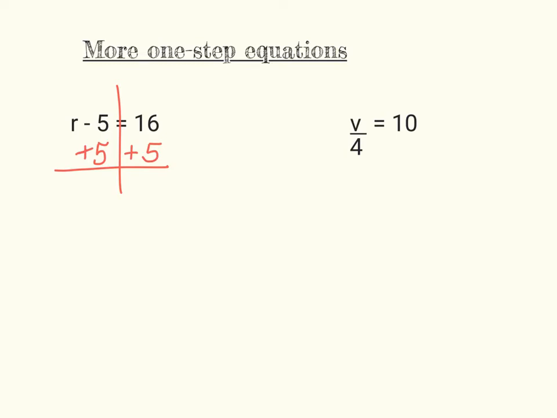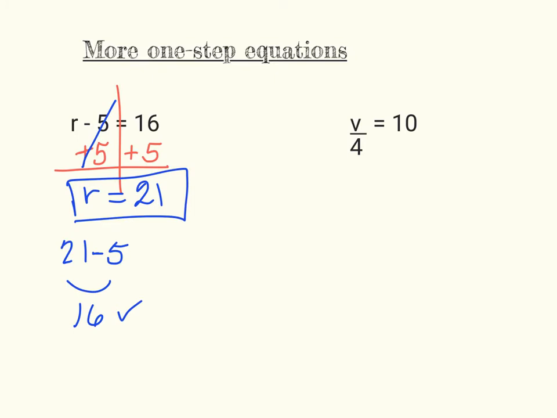Plus 5 minus 5, those cancel out. I'm left with r on this side equals 16 plus 5 is 21. If I want to check that, I do 21 minus 5. If I take 5 away from 21, I do in fact get 16. So that means that r is equal to 21.